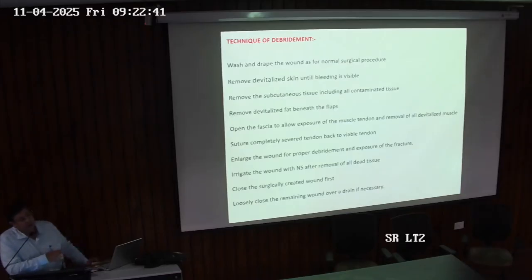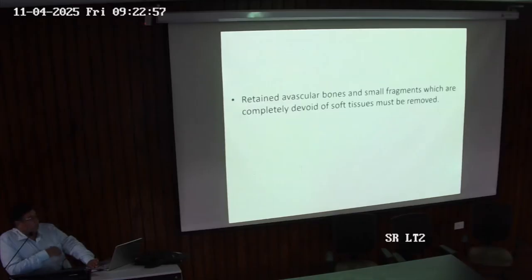Tendon, if cut, we debride the small parts and then we can suture it back. And fracture treatment we will discuss later. So if there are small fragments of bone devoid of soft tissue attachment, that means the blood supply to that piece is not present.